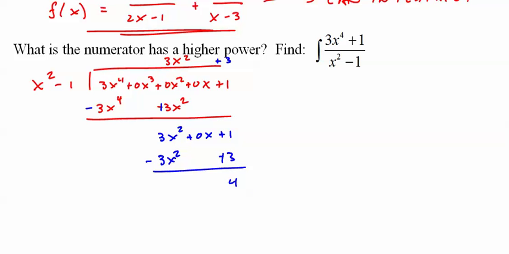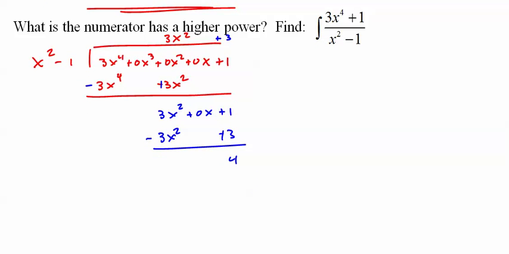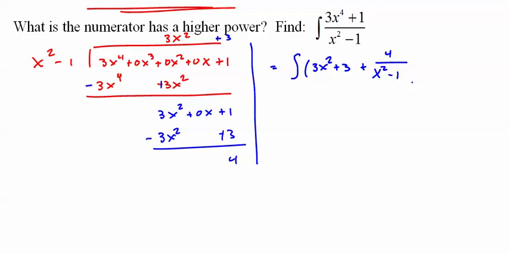So we are actually doing the integral of 3x squared plus 3 plus 4 over x squared minus 1, because that's our remainder, with respect to x.